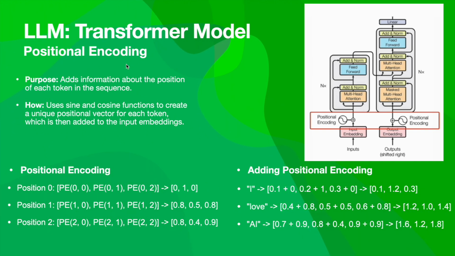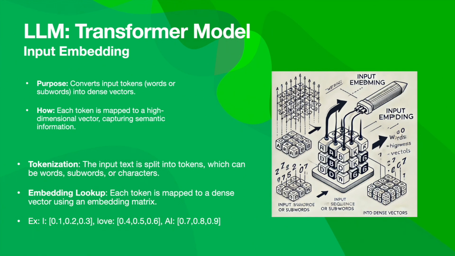It adds information about the position of each token in your sequence, because whenever you do input embedding, you lose the sequence. You have a vector representing I, a vector representing love, a vector representing AI, but you don't have information on whether "I love AI" is in sequence or not.